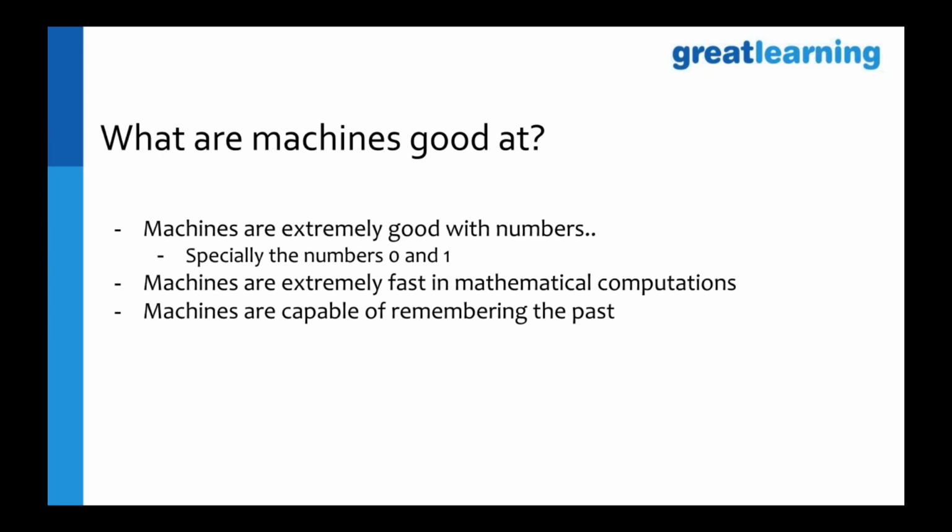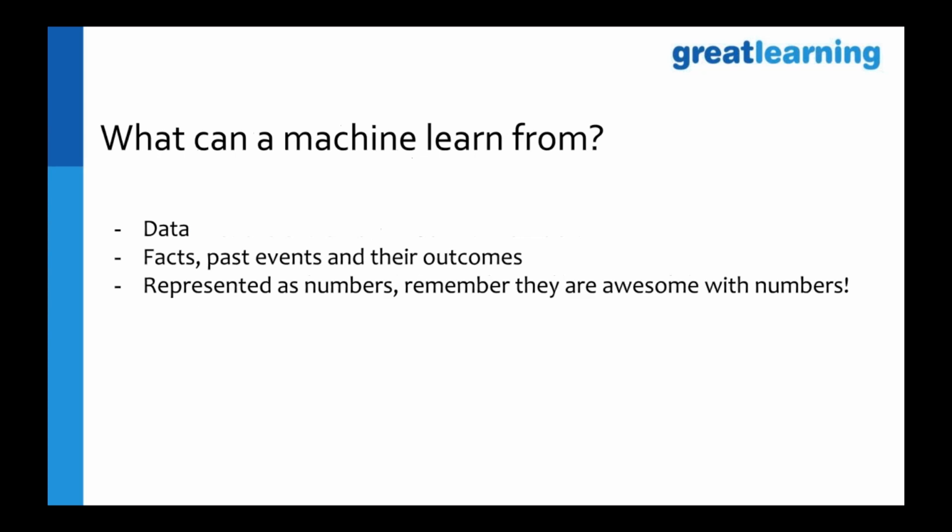So the core strength of machines is they're good with numbers, they're extremely fast in mathematical computations, and they're capable of remembering the past, whatever they did in the past or whatever you told them in the past. These are the key things that machines are good at: numbers, mathematical computation, and remembering, right? Remembering what you told it or what it computed. That is the core strength, so that answers our first question.